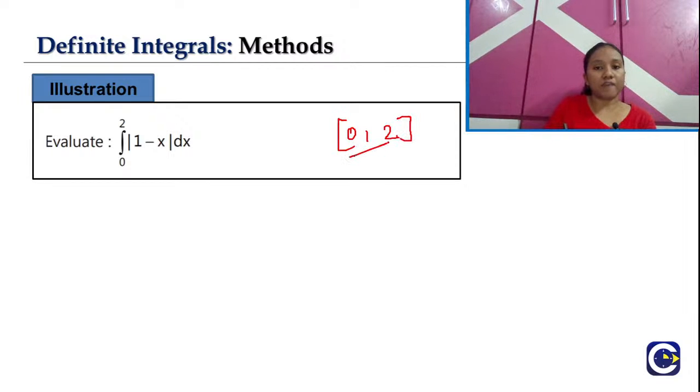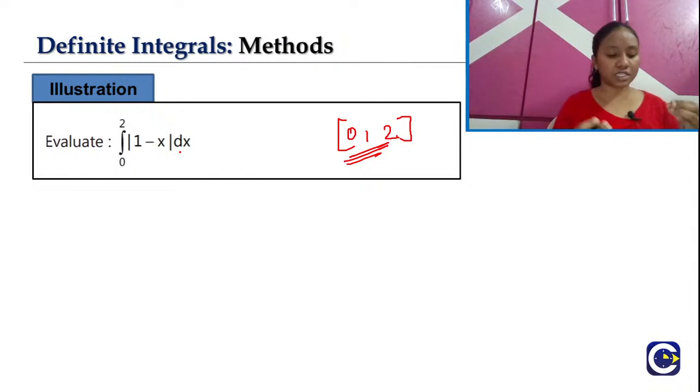So what will be the value which we can pick in between so that it will split our modulus function? Just think a bit. Most of our modulus questions will be solved this way.